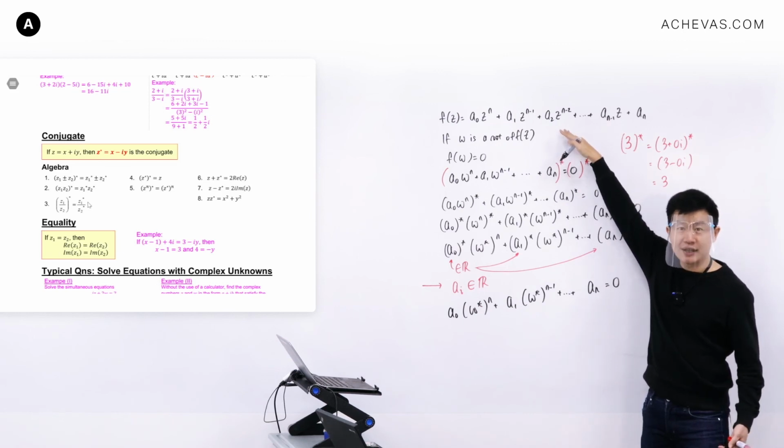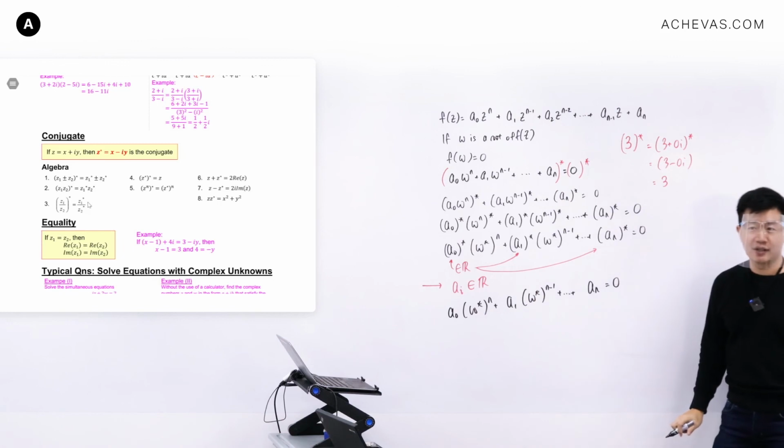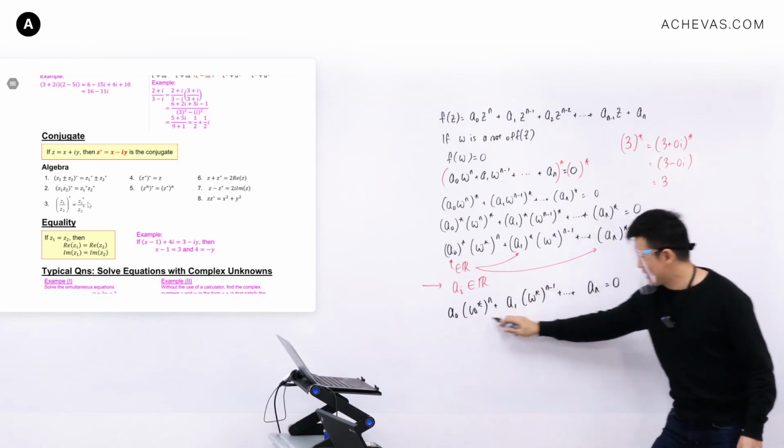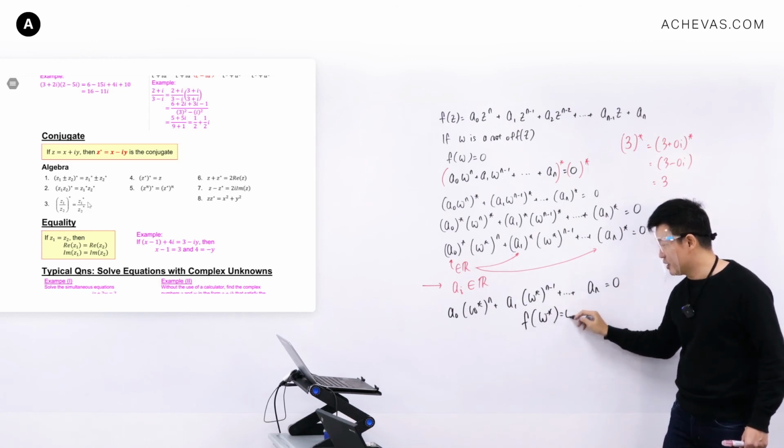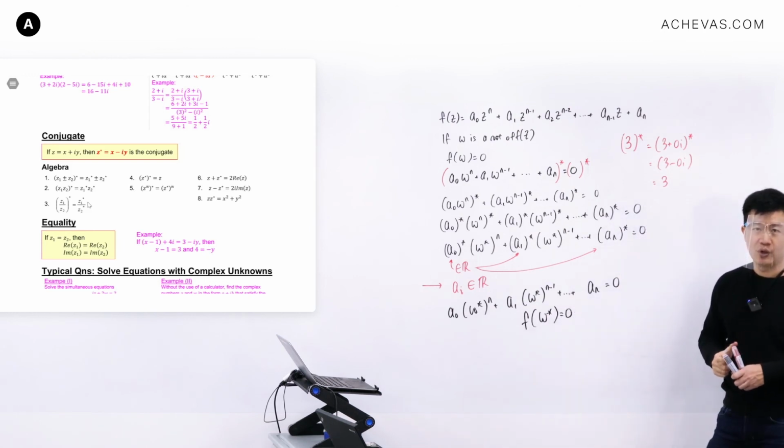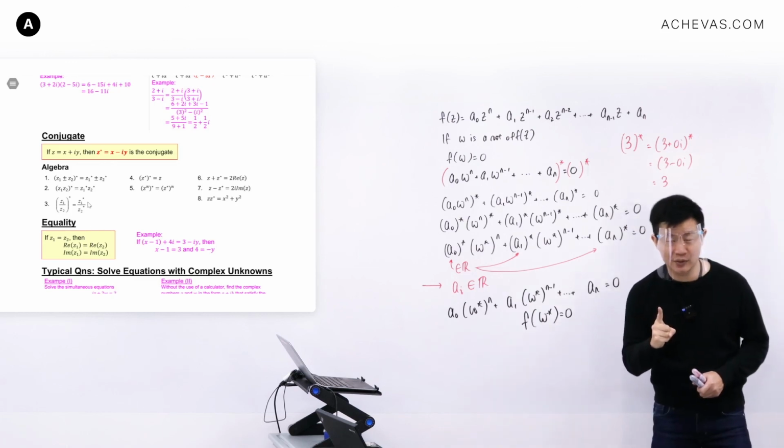can you see? All the z is being replaced by w conjugate, which means that this entire left-hand side, I can rewrite it as f of w conjugate is equal to 0. Okay, we are seeing a special result here.